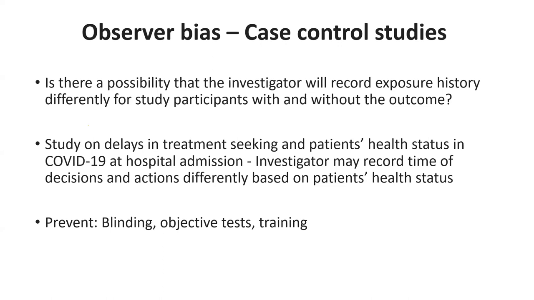For example, if you are studying the delays in treatment seeking and whether the patient has severe complicated COVID-19 at hospital admission, and the investigator knows whether the patient has the severe form of presentation or not, then the investigator may be biased in deciding whether there has been a delay in treatment or not.